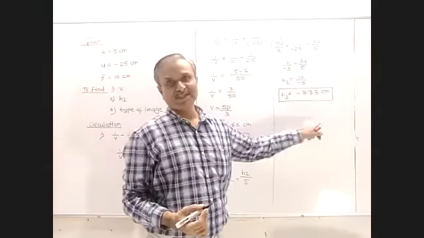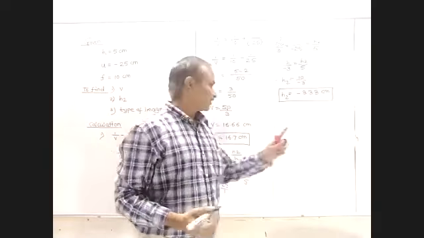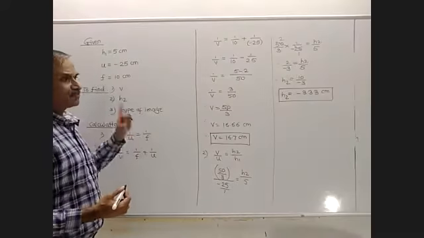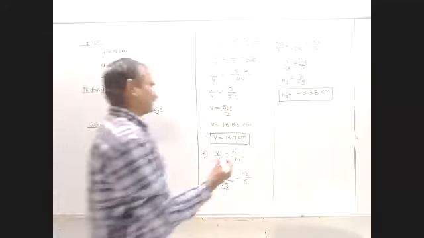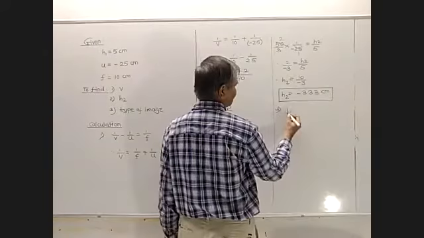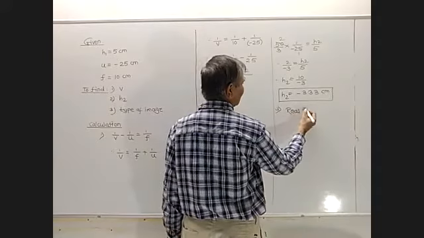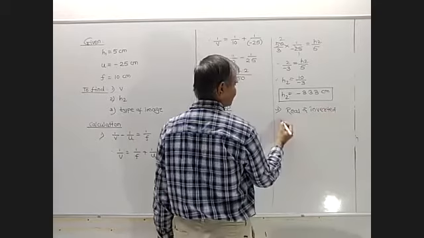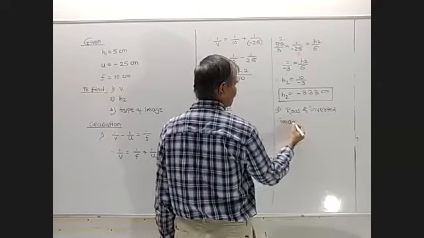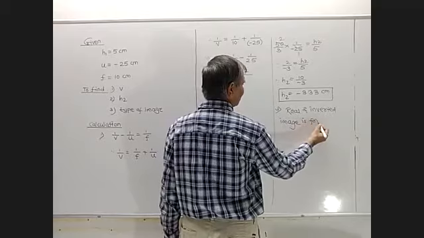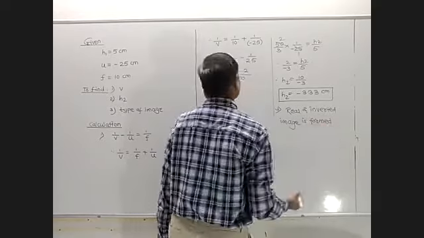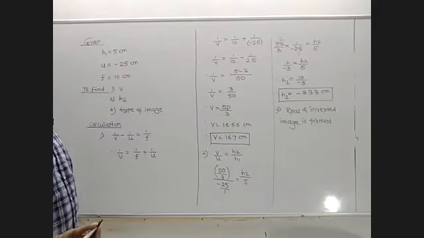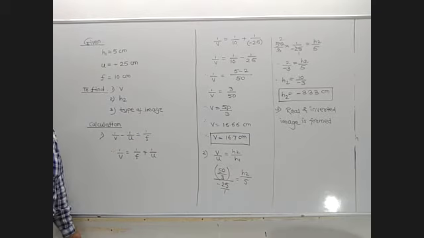And any inverted image is always real. So what is the nature of the image? Real and inverted image is formed. So the answer of the third question is real and inverted image is formed. That image is formed at a distance of 16.7 centimeter from the converging lens.